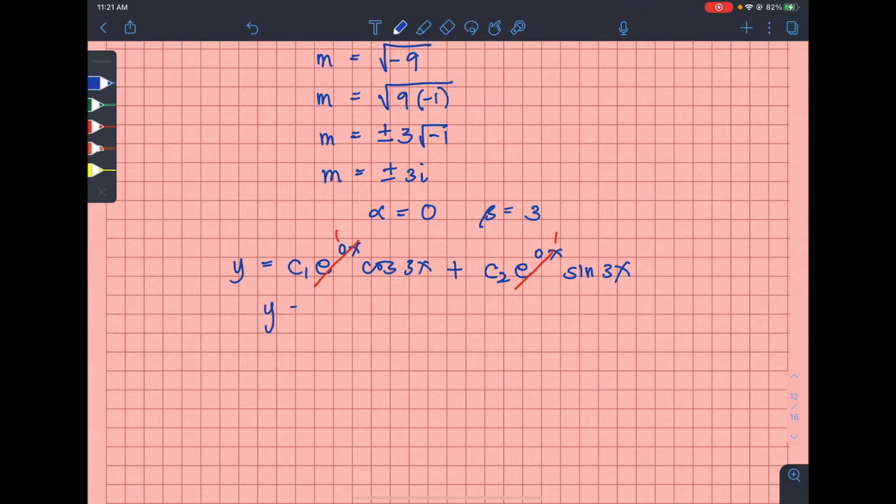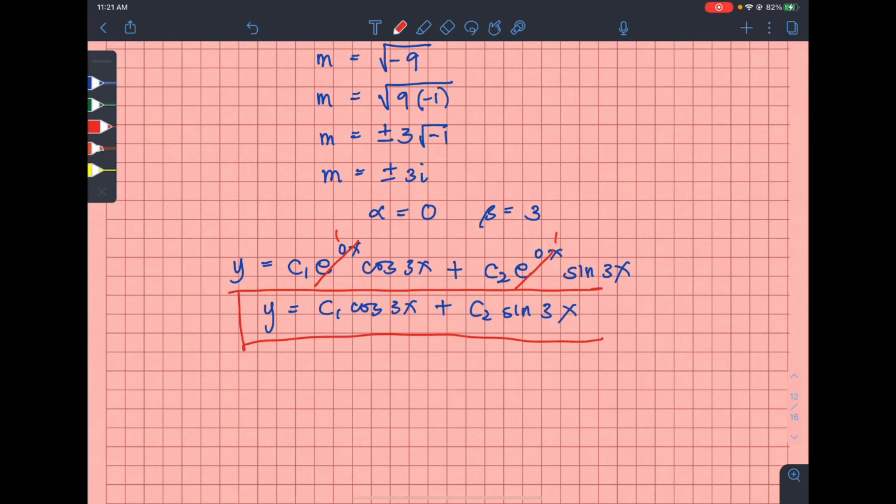So our general solution will just be c sub 1 cosine 3x plus c sub 2 sine 3x. So y is equal to c sub 1 cosine 3x plus c sub 2 sine 3x.